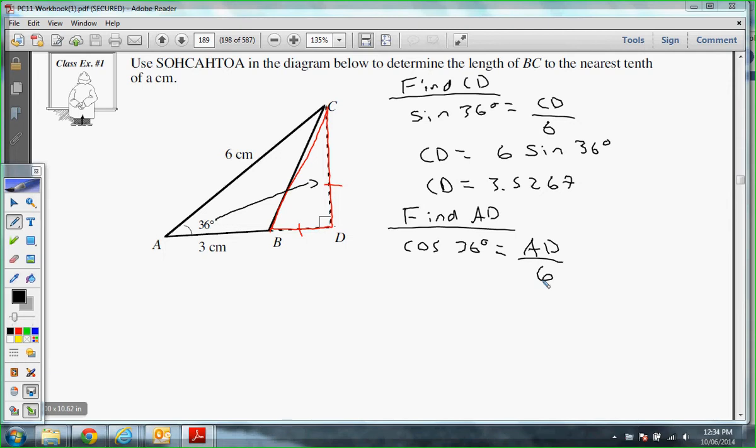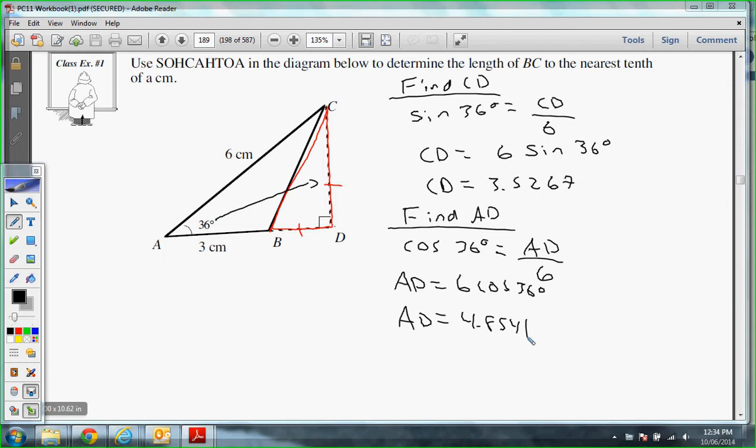And again, I get AD equals 6 cosine 36, which equals 4.8541.